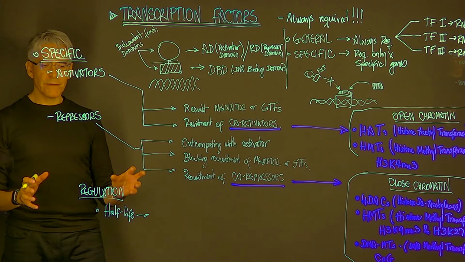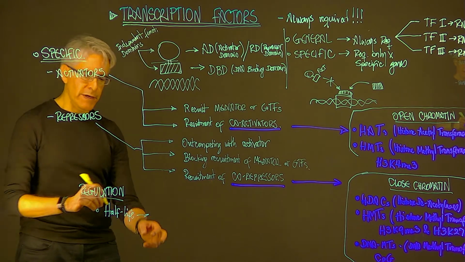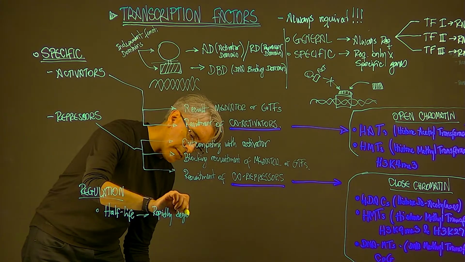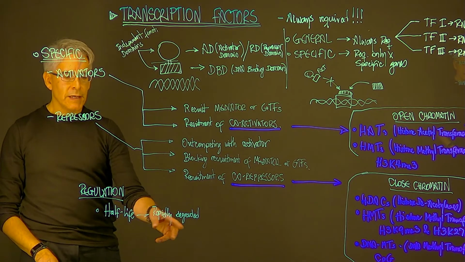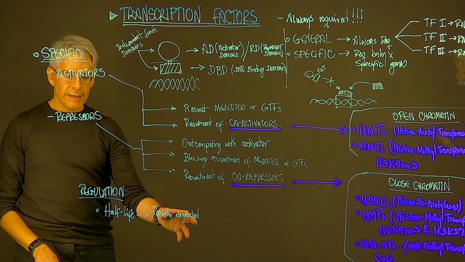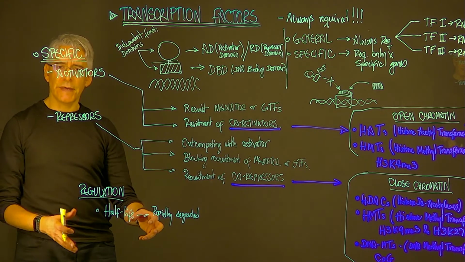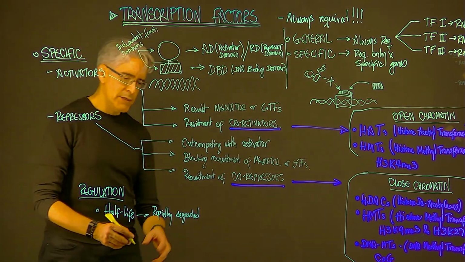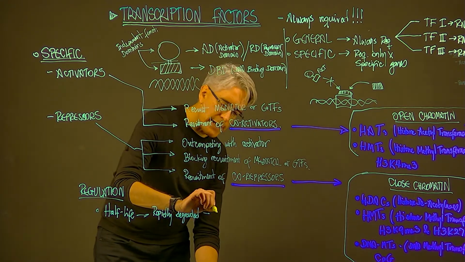Most transcription factors have a very short half-life, so they are rapidly degraded. So one way to regulate the activity of a transcription factor can be to stabilize it, so that the half-life of the protein is increased, allowing the transcription factor to then accumulate in the cell. So they are rapidly degraded, but they can be stabilized.